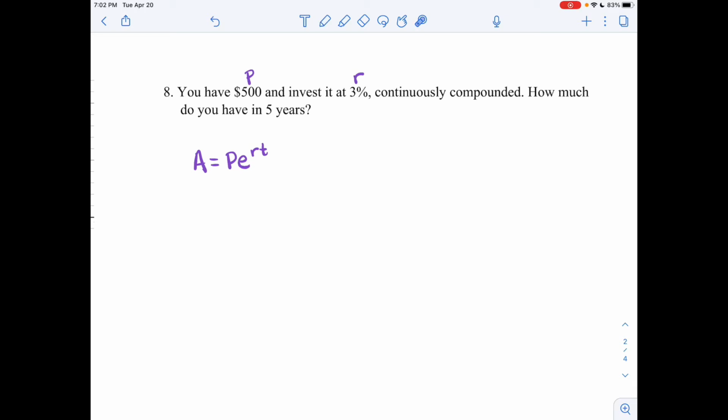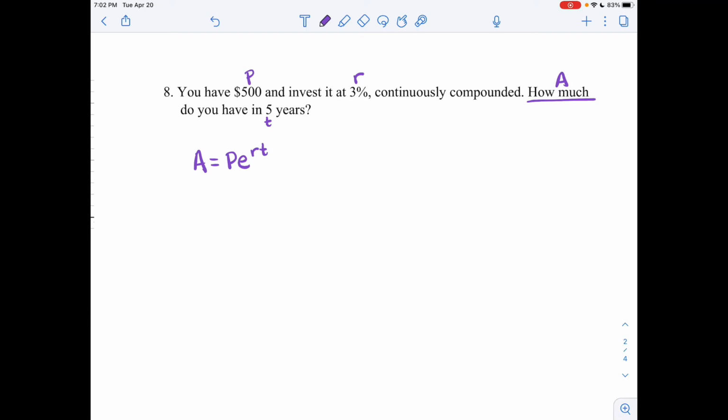We know that we're going to have E, that's our constant right here. That is 2.718, etc. And we want to know how much we have in 5 years. So 5 years will be our T value. So we have everything that we need to find A, how much we have at the end of 5 years.